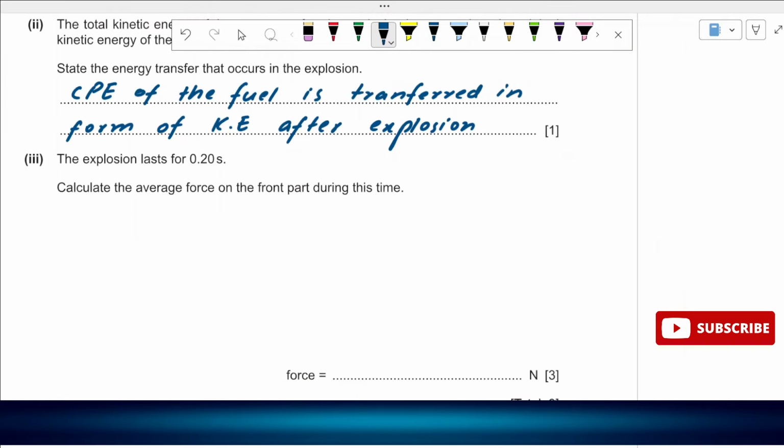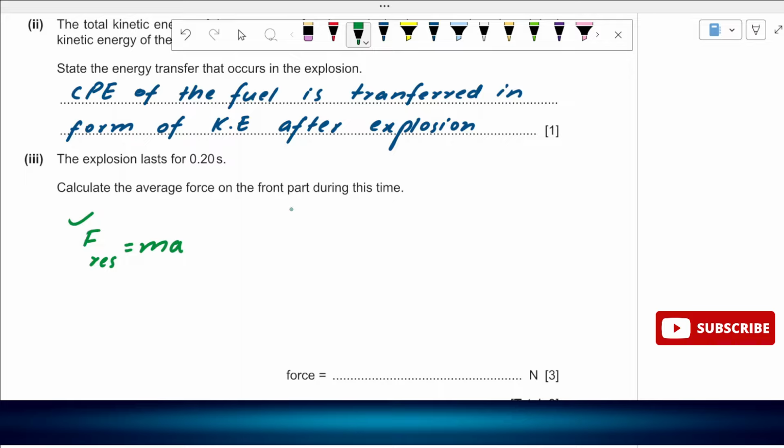The explosion lasts 0.20 seconds. Calculate the average resultant force on the front part during this time. So whenever they use the word average force, this is the expression that is used. Wording wise, if they use the word calculate the resultant force, you should be using the expression F resultant equals ma.